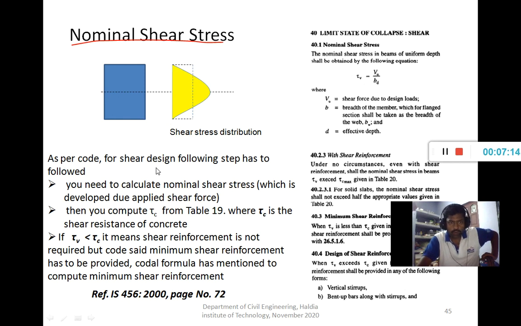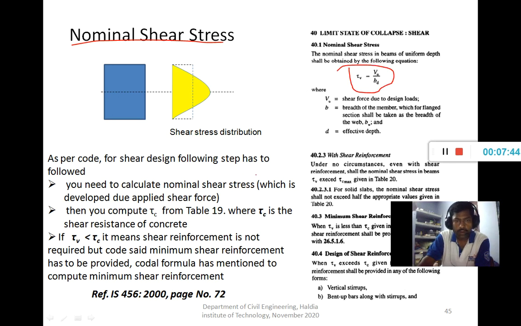As per code, the following steps have to be followed for shear design. First, calculate the nominal shear stress which is developed due to the applied shear force. The average shear stress is calculated using this expression.